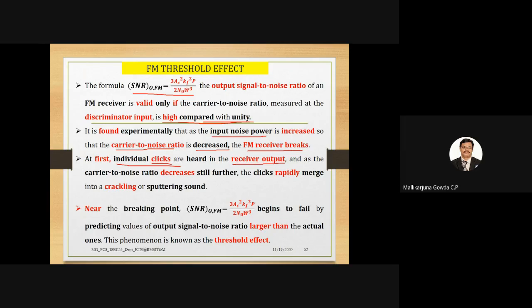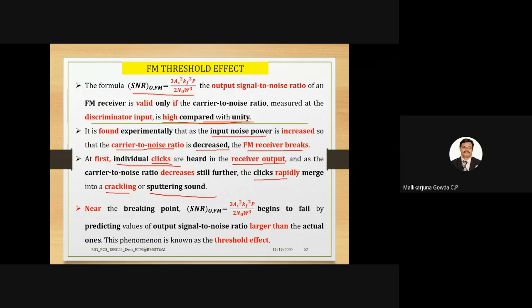As the carrier to noise ratio decreases, there will be a further increase in the clicks. These clicks will rapidly merge into a crackling or sputtering sound.